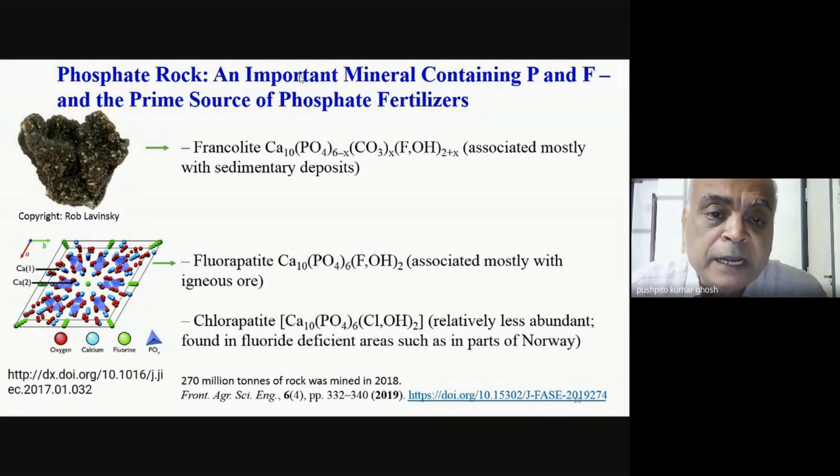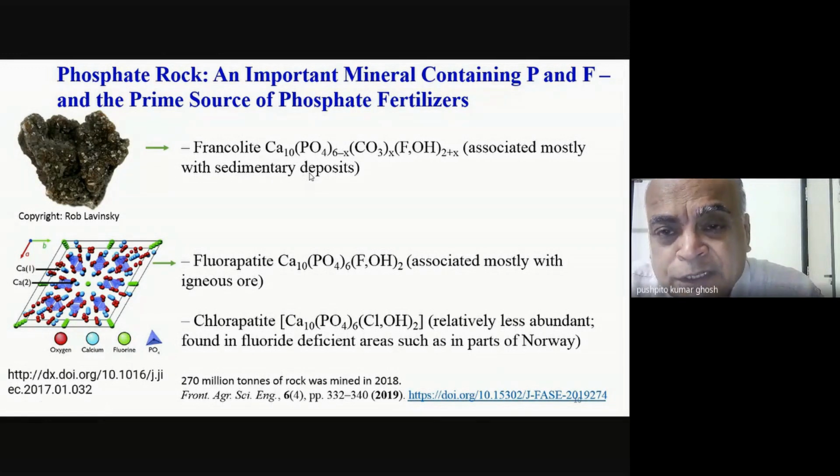Okay. Now there are two types of this phosphate rock. It's called phosphate rock, or rock phosphate. The largest is the sedimentary deposits. In other words, this phosphorus actually came from living organisms, which had fossilized.